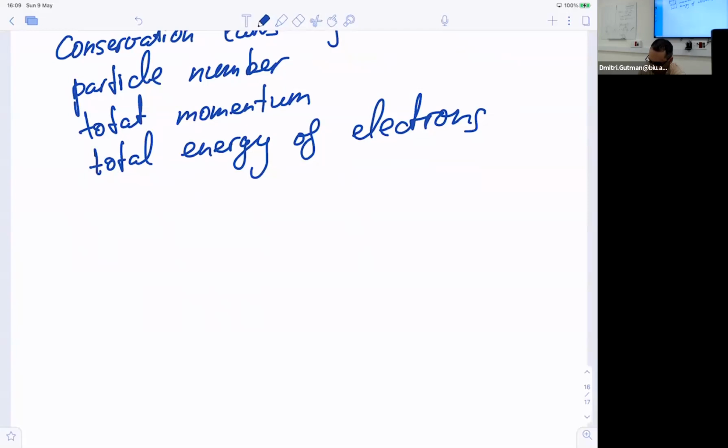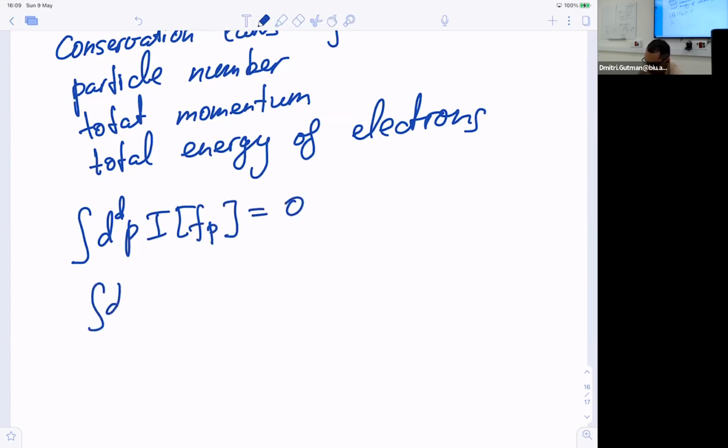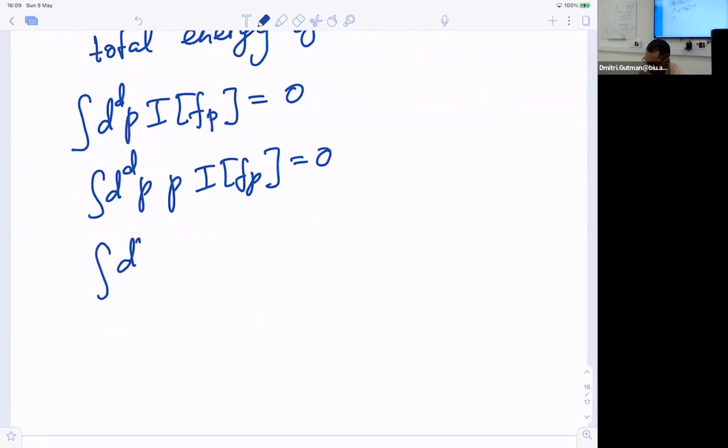Technically, or more formally, it means that the integral over p of the collision integral of the distribution function is equal to 0, and also equal to 0.